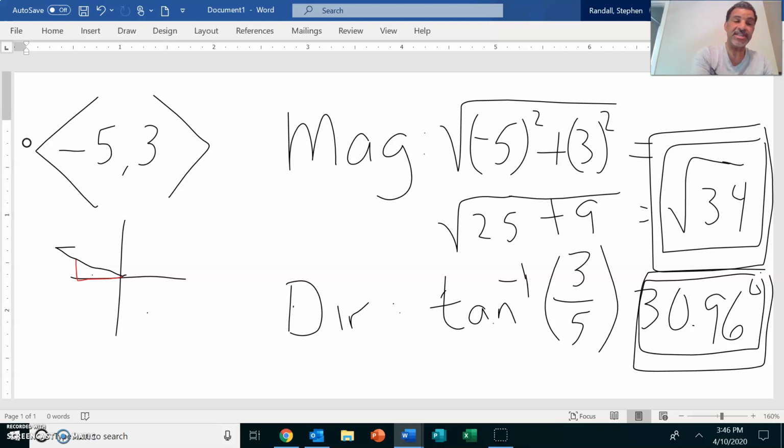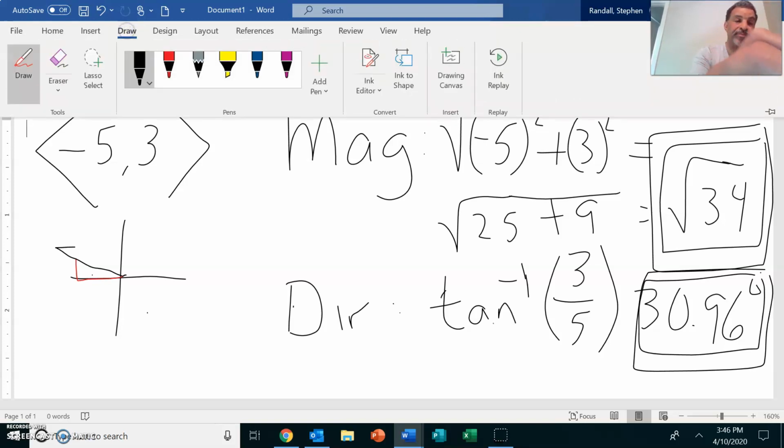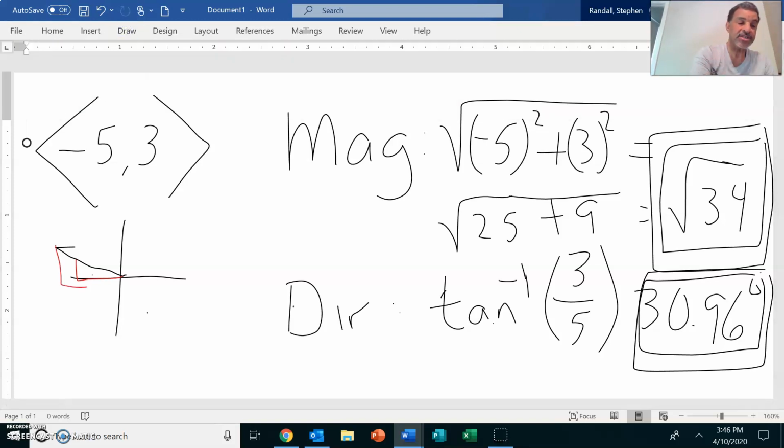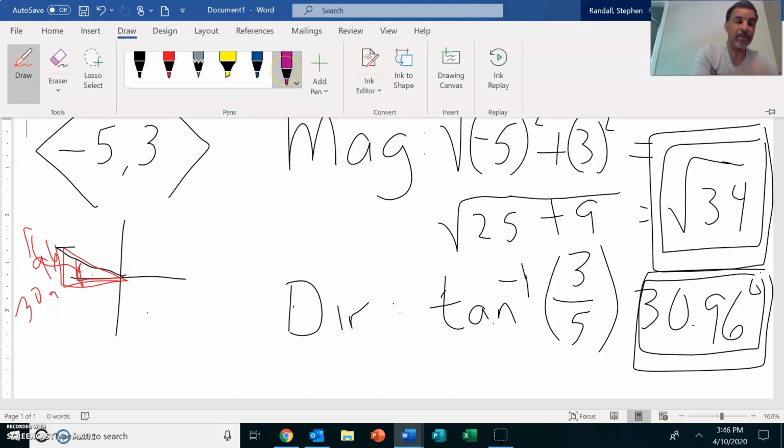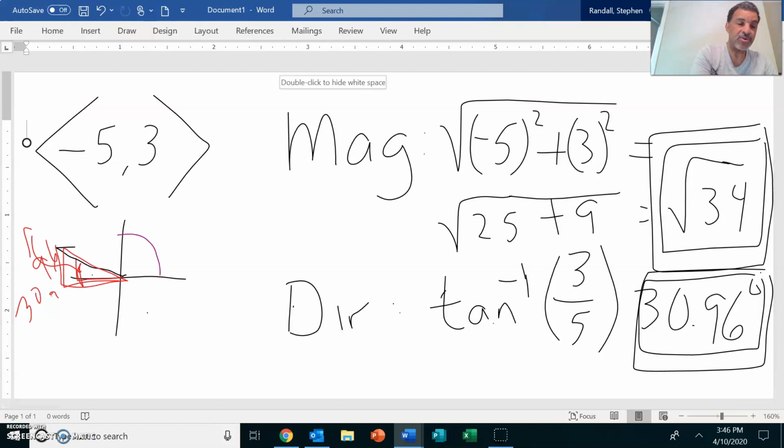Remember, since this is our triangle, 30.96 degrees is this angle. And the direction that we're looking for is from 0, so it's this way.